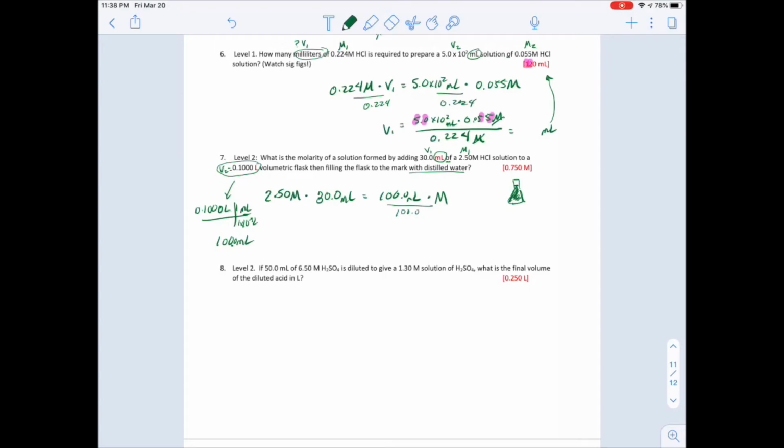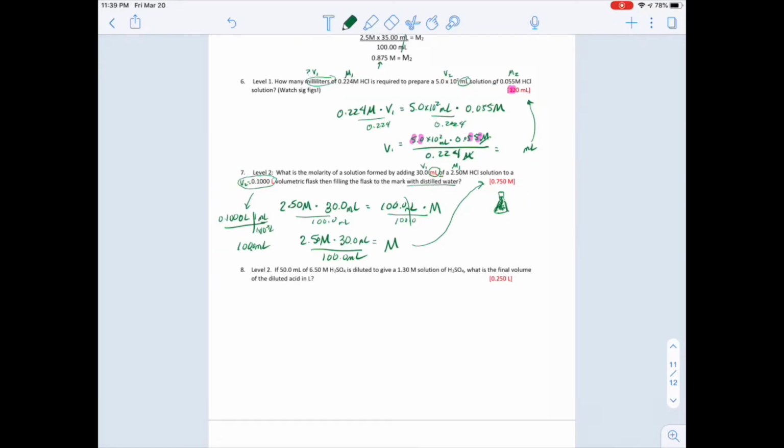Divide both sides by the 100.0. 2.5 molarity times my 30.0 milliliters divided by 100.0 milliliters. Those canceled. When you put that in your calculator, you're going to get this number over here. I dropped a 0, and that's why at first it looked like I didn't have the right sig figs.